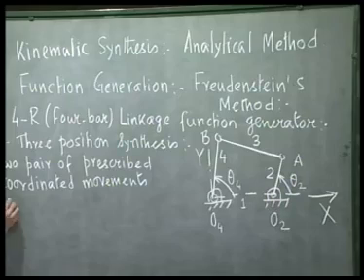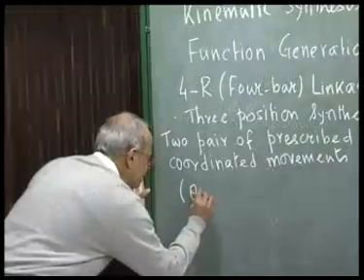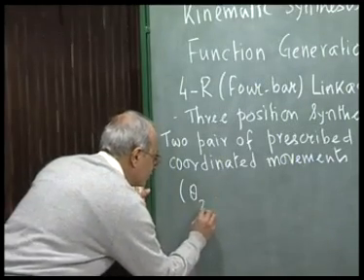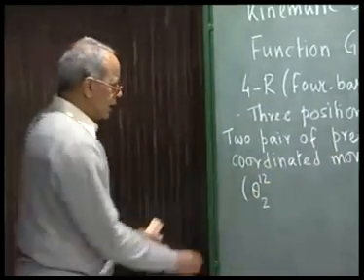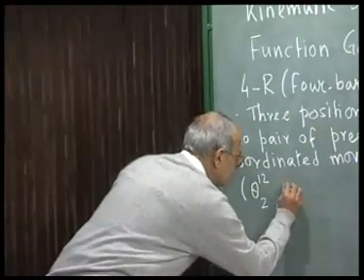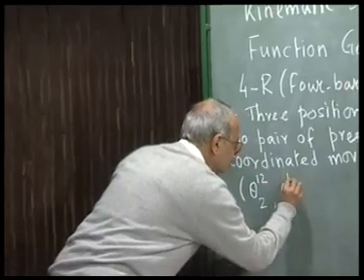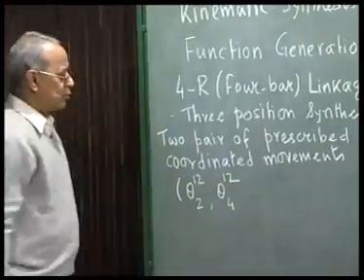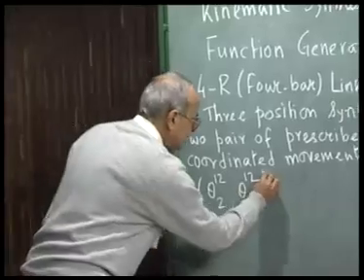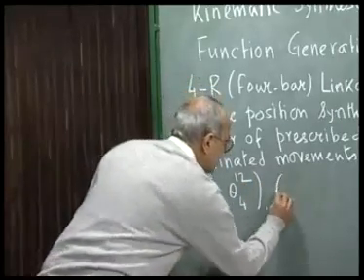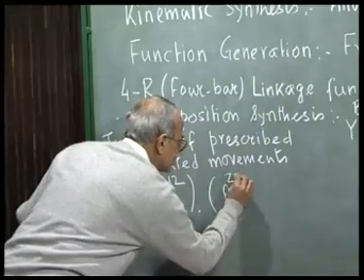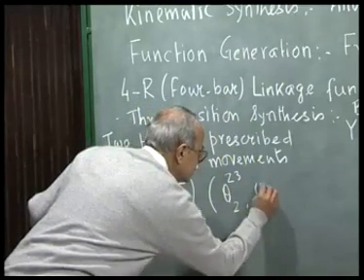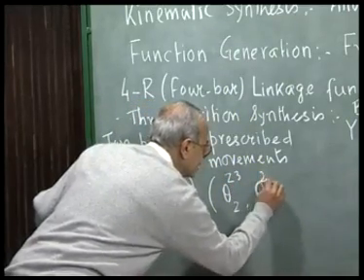That is, as the input link goes from position 1 to 2 by changing theta 2 by an amount theta 2 1 2, the output link should move from position 1 to 2 by a prescribed movement theta 4 1 2. Similarly, another pair of prescribed movement is theta 2 2 3 and theta 4 2 3.